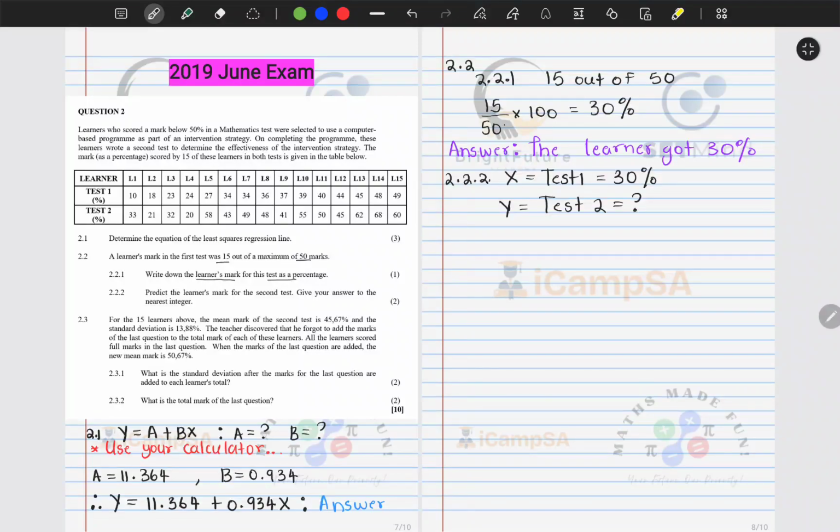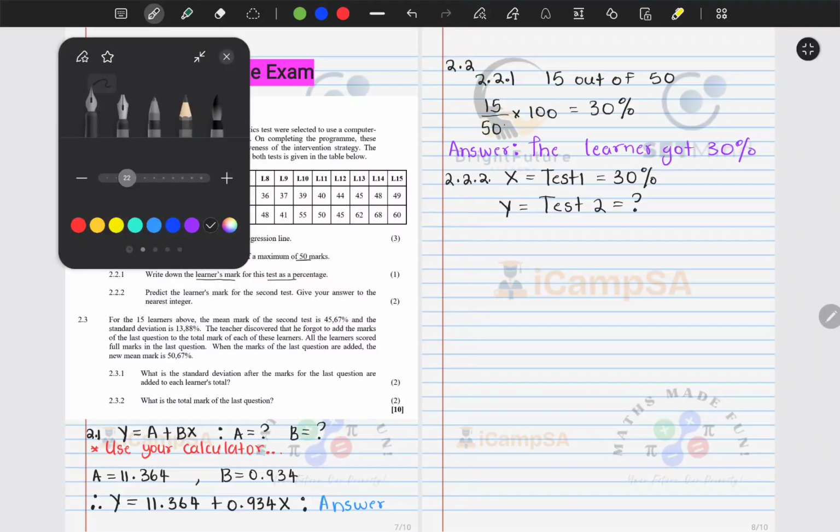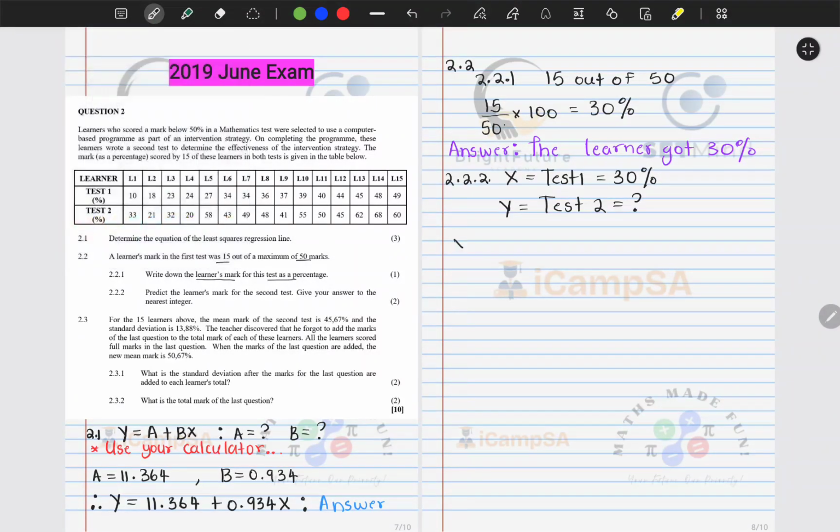What mark did the learner get? And guess what? We are going to use our equation. So we have Y equals 11.364 plus 0.934 into 30. So this will be equal to, let me use my calculator, 11.364 plus 0.934 into 30.